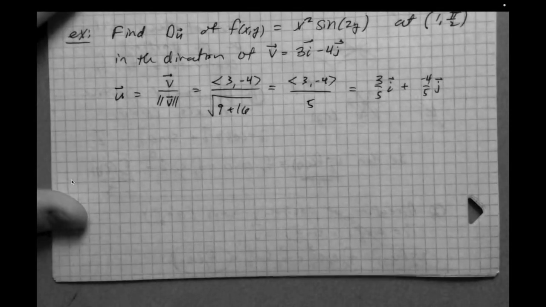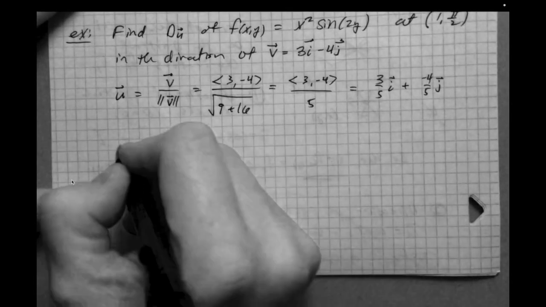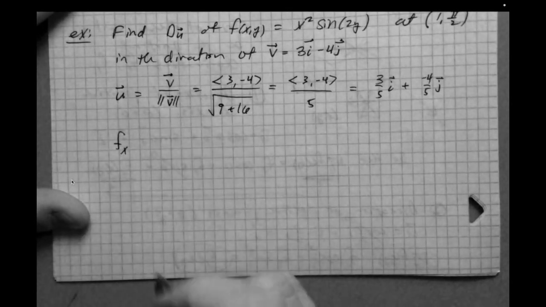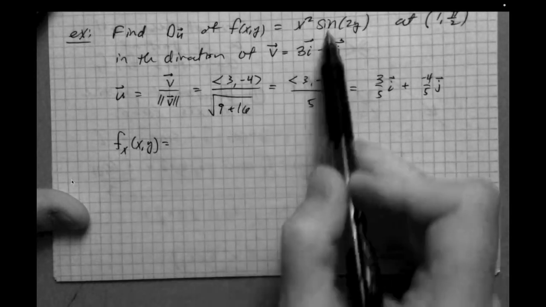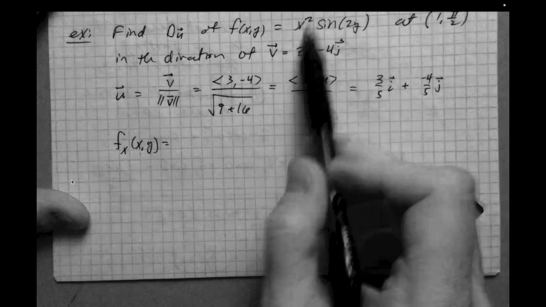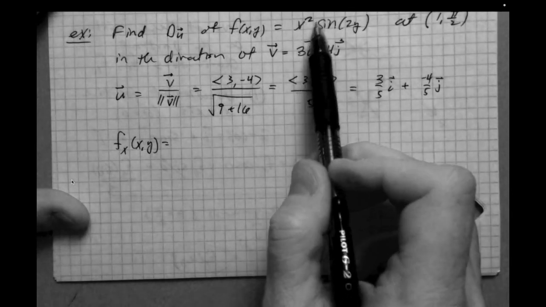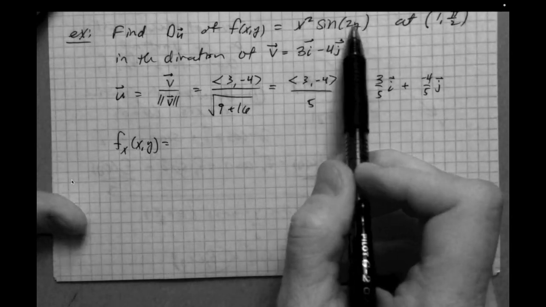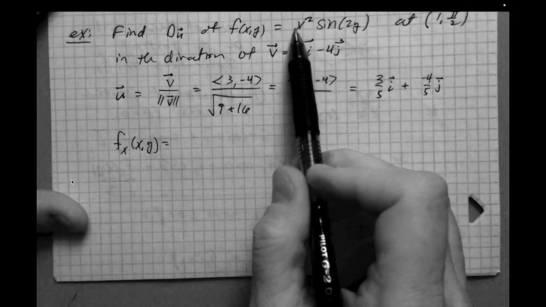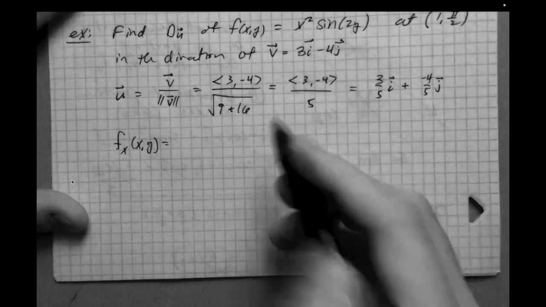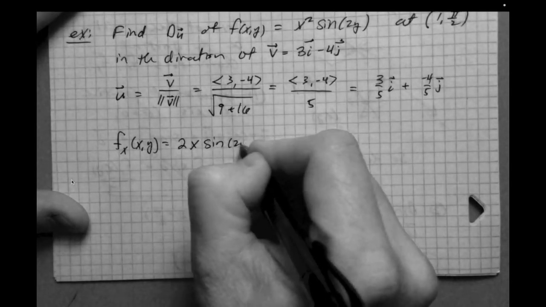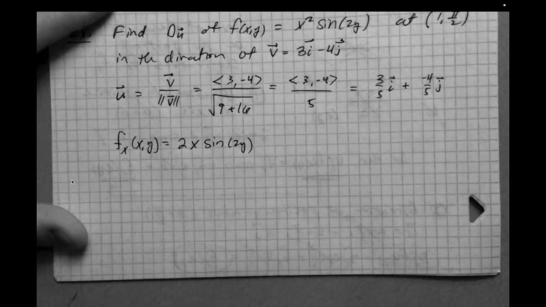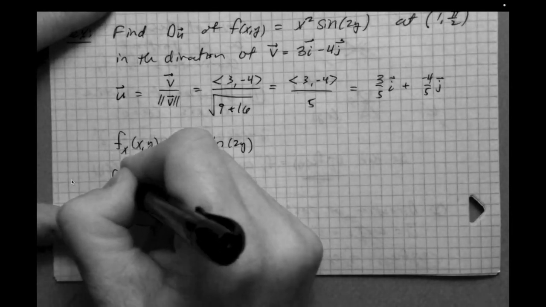What about the partial derivatives? Can we calculate those? Let's start with f sub x. Well, that's the partial derivative with respect to x, and so the sine part is all just a constant, and you would get 2x sine of 2y. And what about the partial with respect to y?